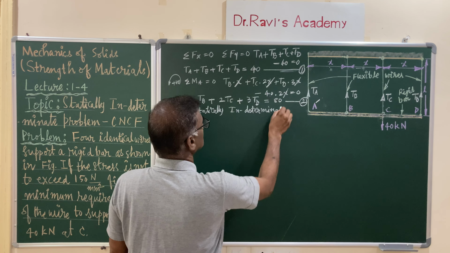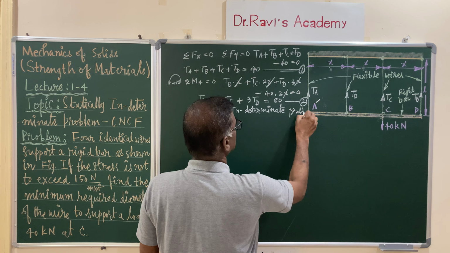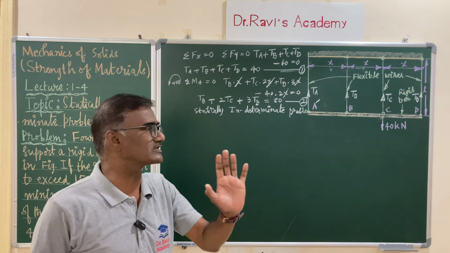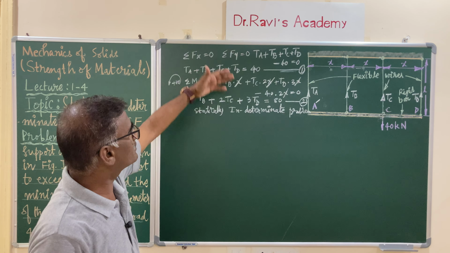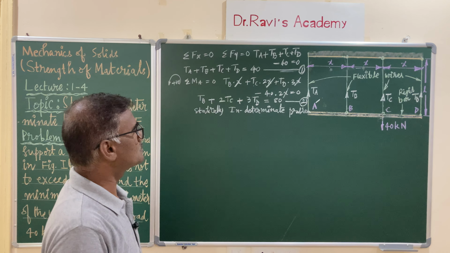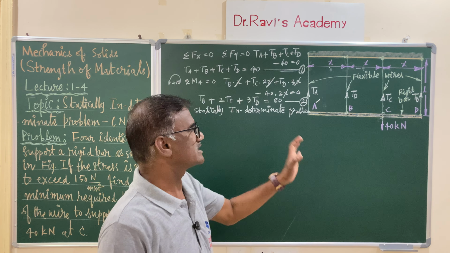It means that you are unable to solve this problem just by using equations of equilibrium, because you have only 2 equations right now and you have 4 unknowns. It's not possible.